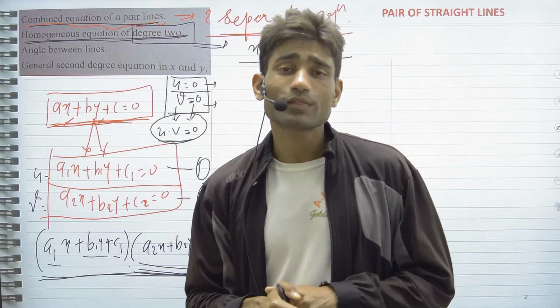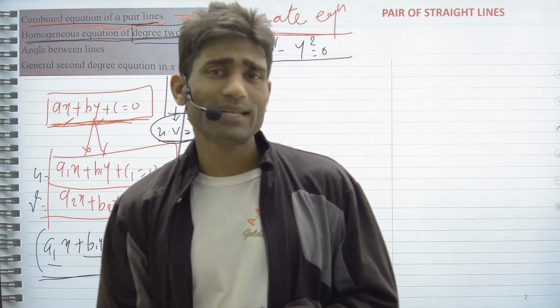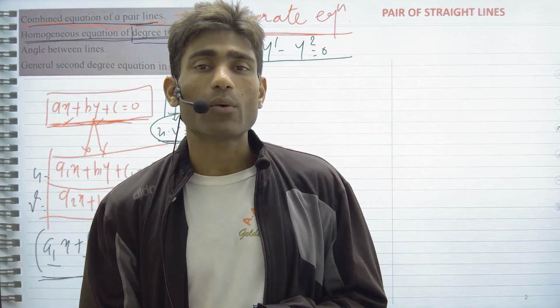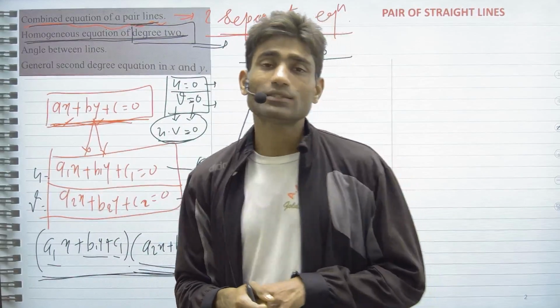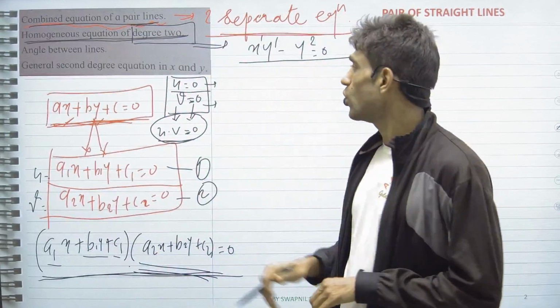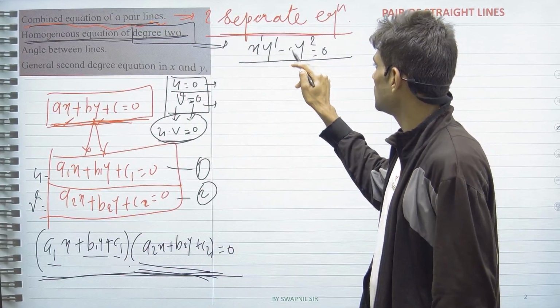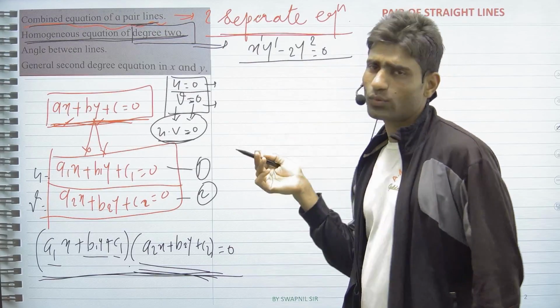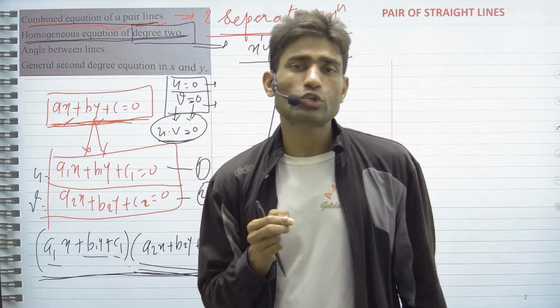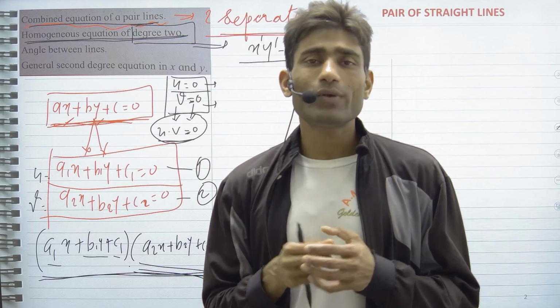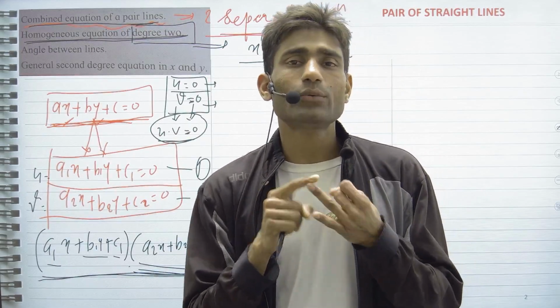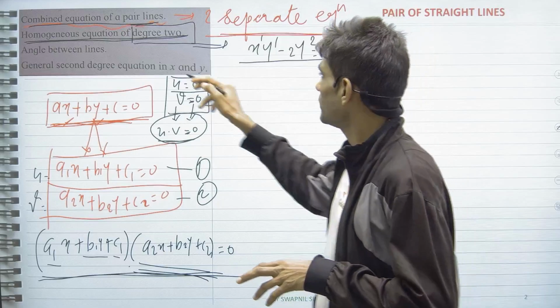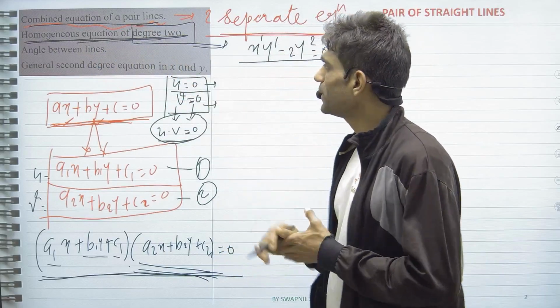That means all the terms present here have power 2, so we consider it a homogeneous equation of degree 2, or maybe we can take a constant here as well, like 2y square. But only a homogeneous equation of degree 2 comes with the values of x and y. So this one comes under a homogeneous equation of degree 2.